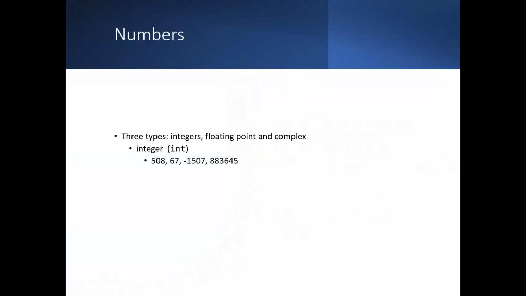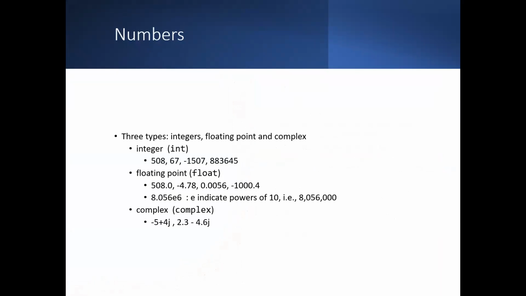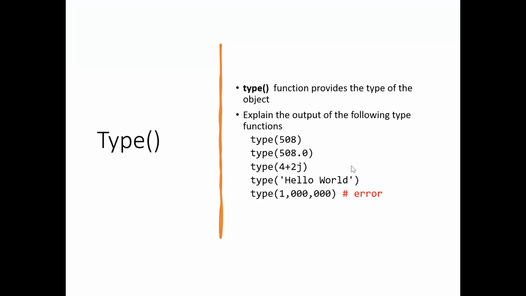There are a few types of numbers available: integer (int), floating point (float), and complex numbers. We can use the type function to know the data type. Unlike in C, you don't have to define your variables in the beginning in Python. Python automatically assigns the required data type, but if you want to check it, you can use the type function.